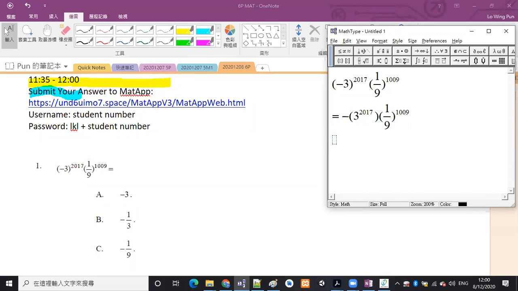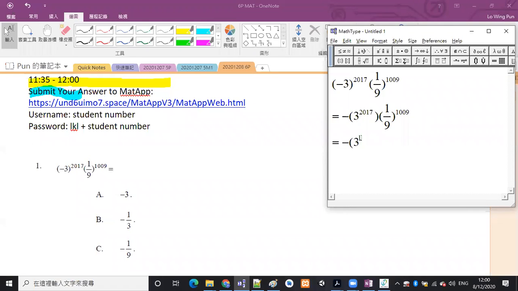After handling the positive and negative sign, we keep the negative sign, and then we change the bases of the numbers to be the same. So we have base 3 and base 9 here. We are going to change base 9 to base 3, to be 3 squared.